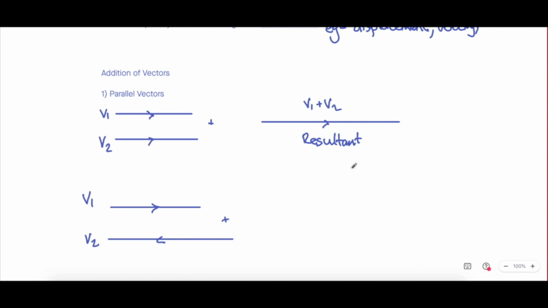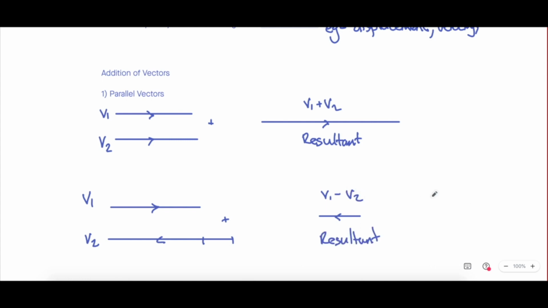So what you'll do is subtract the two, and the overall resultant vector will be pointing to the left because v2 is greater than v1. Whatever the difference in length is, that will be the size of the resultant vector. So your resultant vector would look something like this, pointing to the left, and that will be known as v1 minus v2.